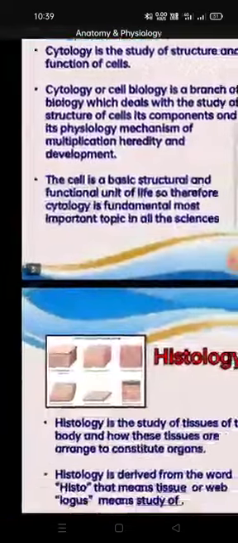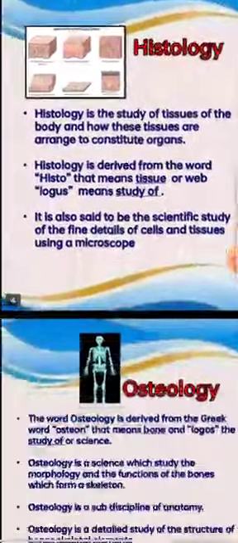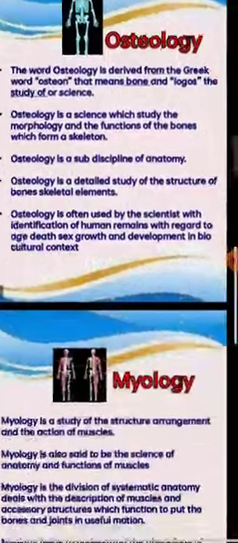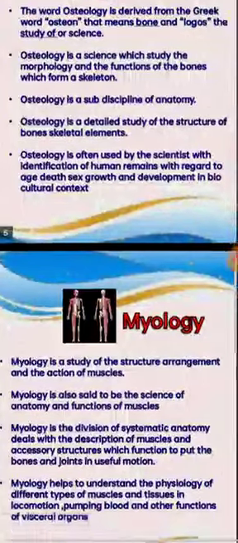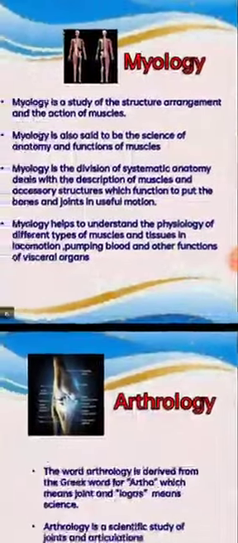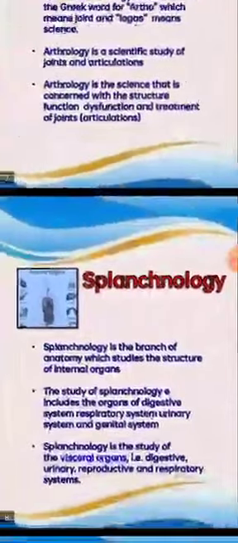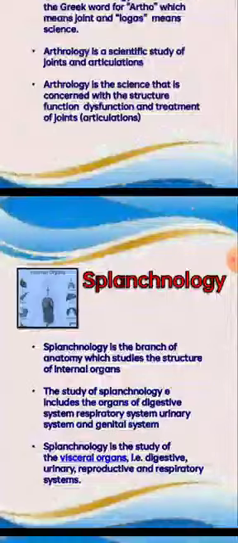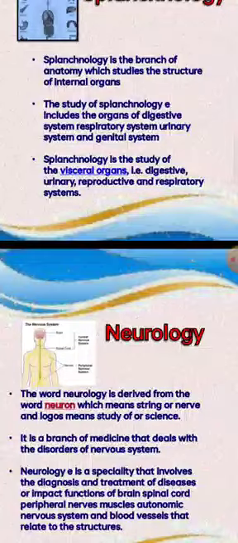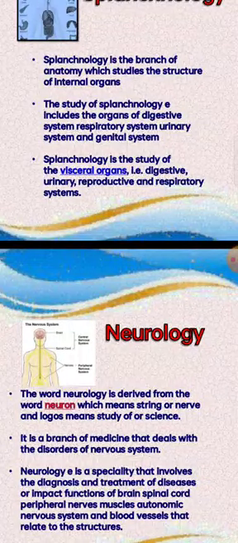Histology is the study of tissues of our body, and osteology is the study of bones. Myology is the study of the structure, arrangement and actions of muscles. Arthrology is the study of joints. Splanchnology is the study of internal organs, and neurology is the study of the nervous system. So these are the subject matters included in anatomy.